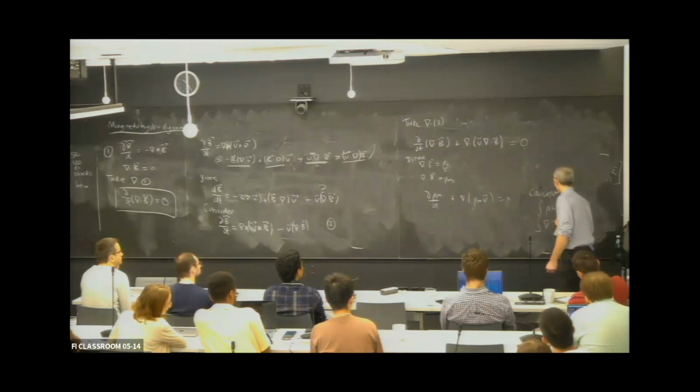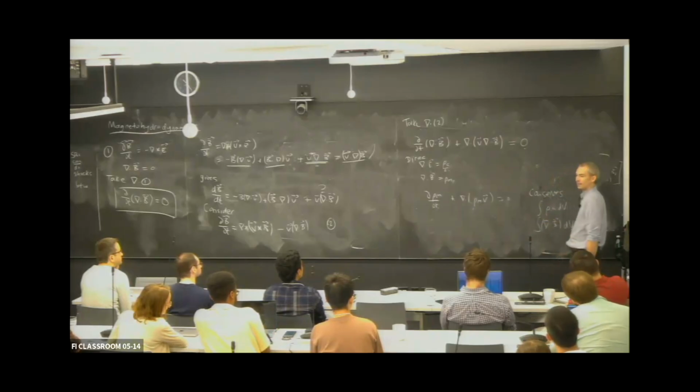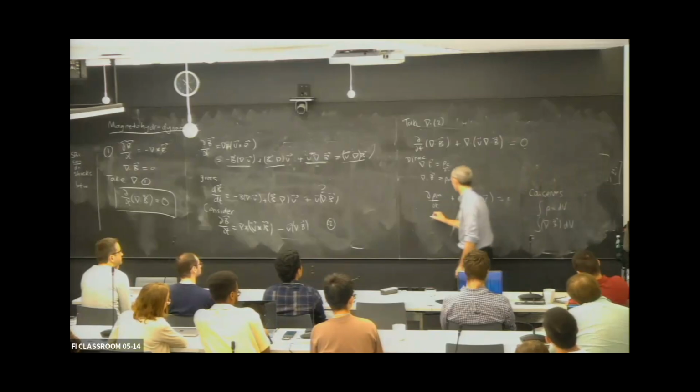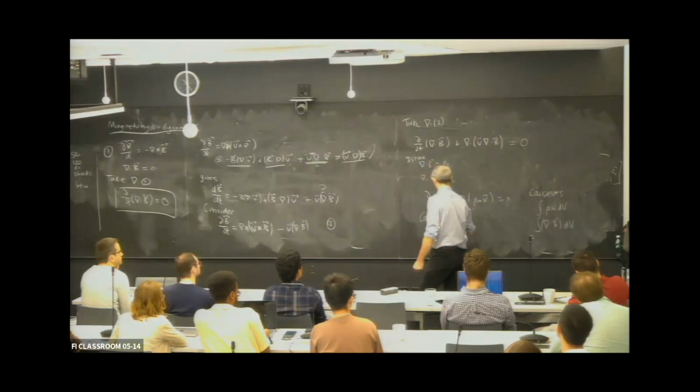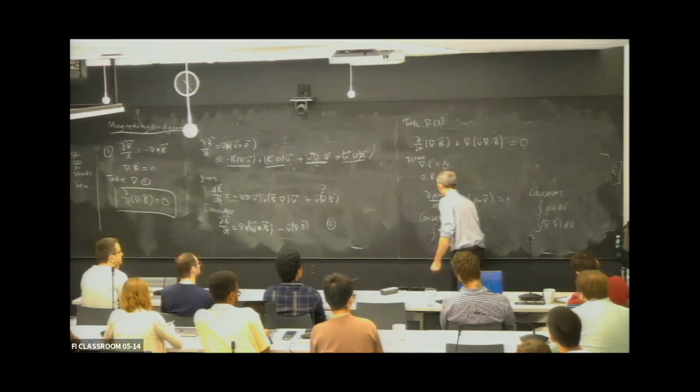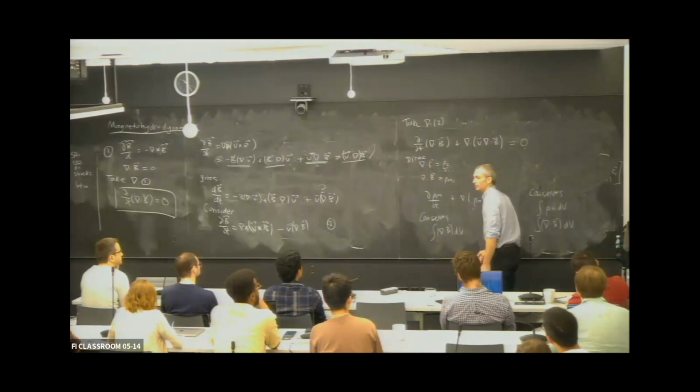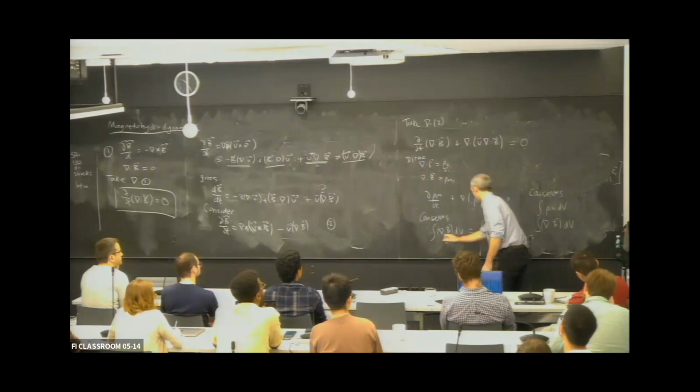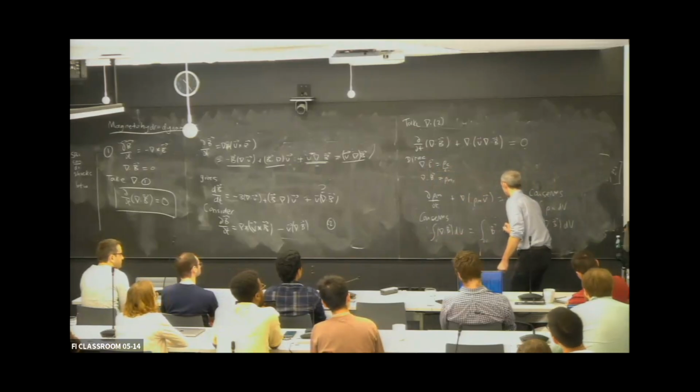That is the integral of div B dv, so this conserves the integral of div B dv, which is equal to the surface integral over delta v of B dot ds. So it's like the total flux.